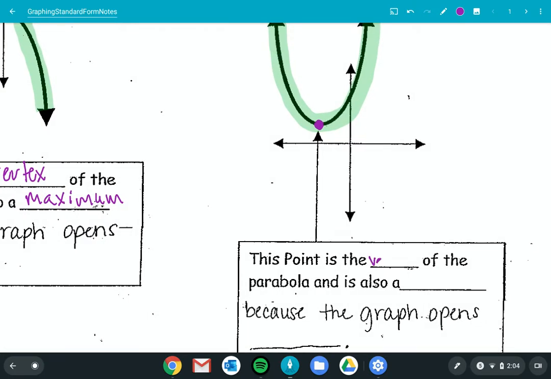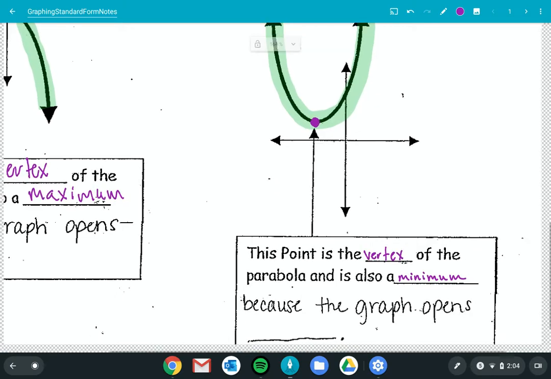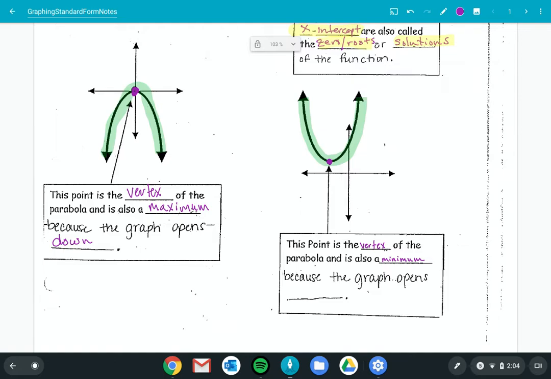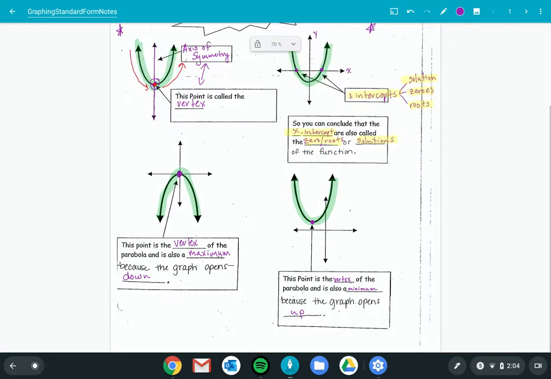So my vertex, in this case, is a minimum because it's at the bottom of my graph. If you look at it, where's my graph opening in this case? Oh, it's opening upward. We'll just say up. So which would be also something I ask you is, is your vertex a maximum or a minimum? Does it open up or open down? That's just a basic eye test. We can look at the graph and answer those questions with relative ease.